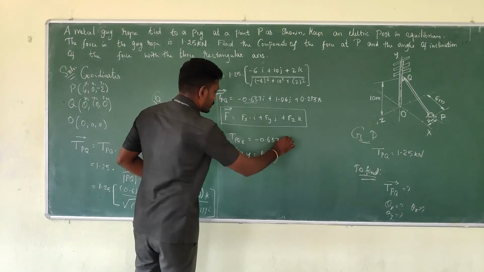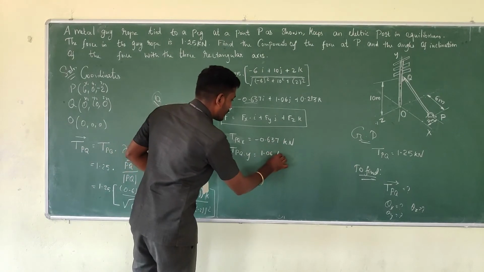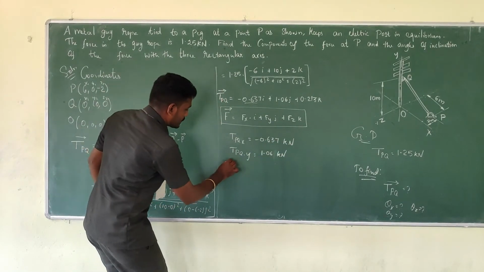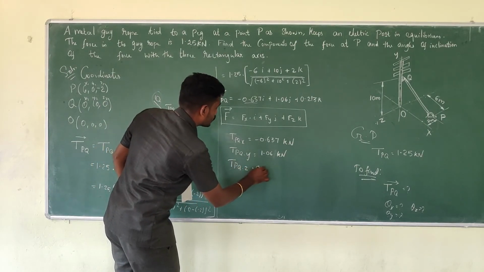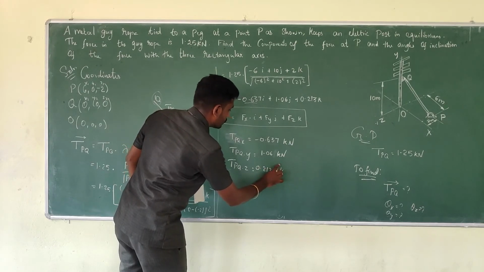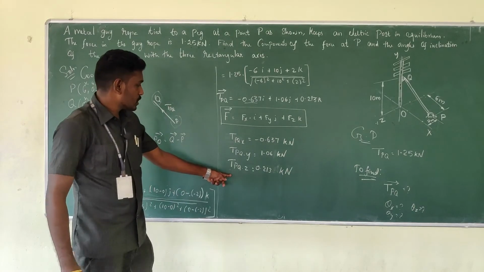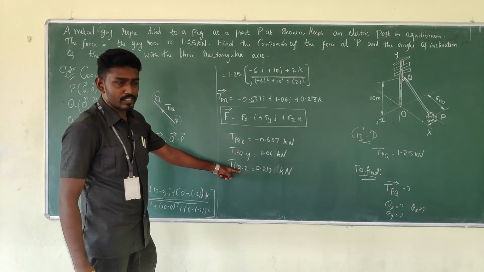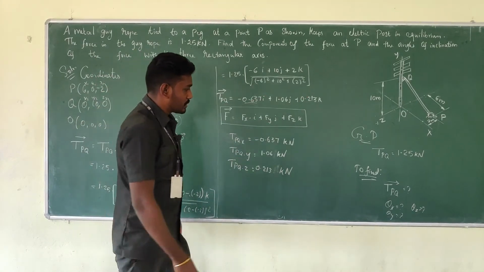Since it is a magnitude, you can mention kilonewton. Here as well you can mention kilonewton, okay. So here TPQ z can be taken as 0.213 kilonewton. So these are the components in the x direction, y direction and z direction of the force acting in this structure. So what is next?